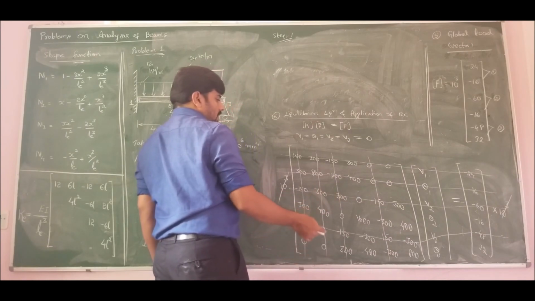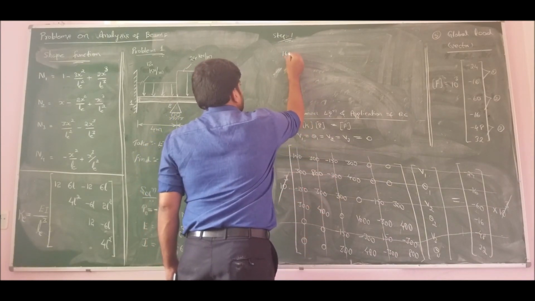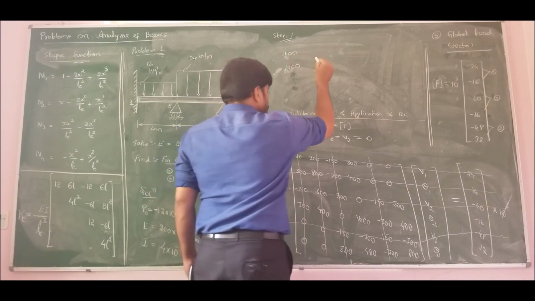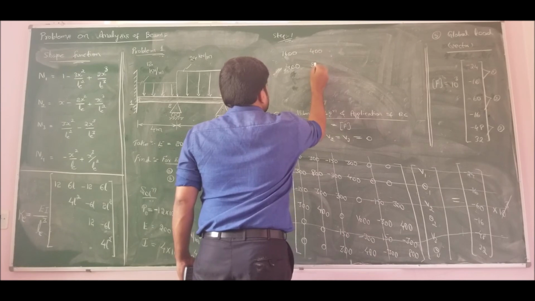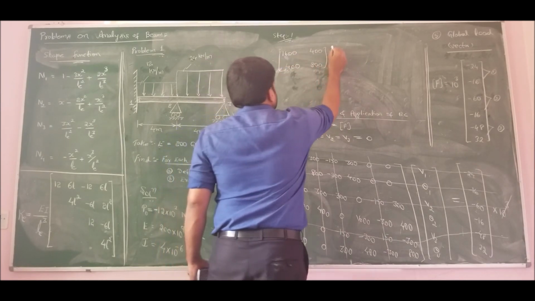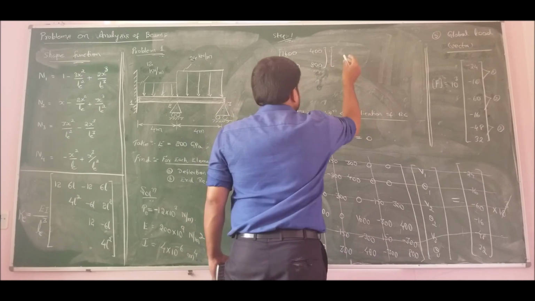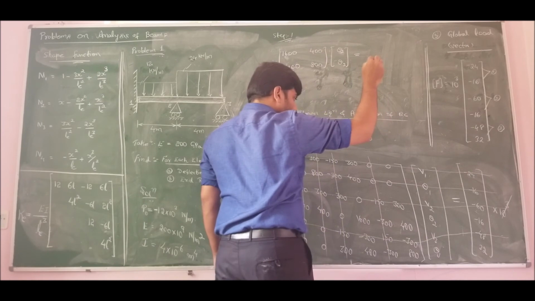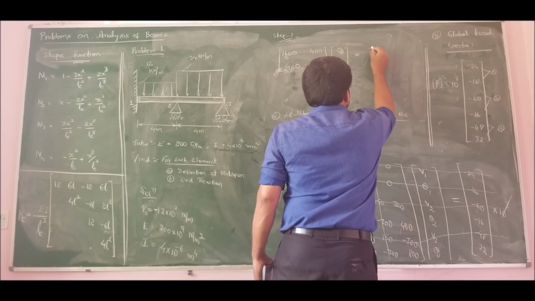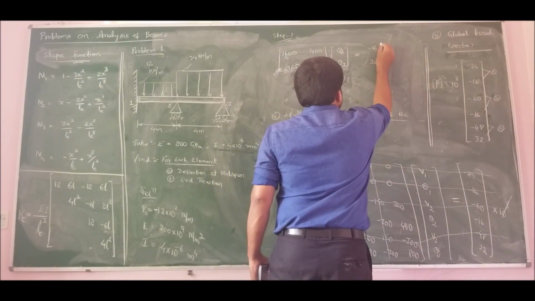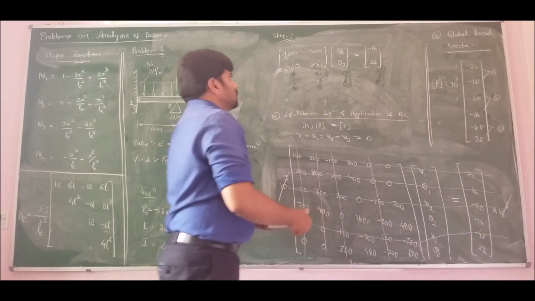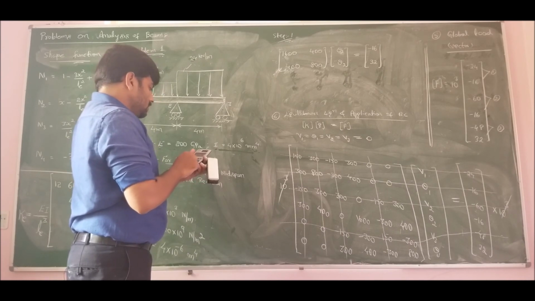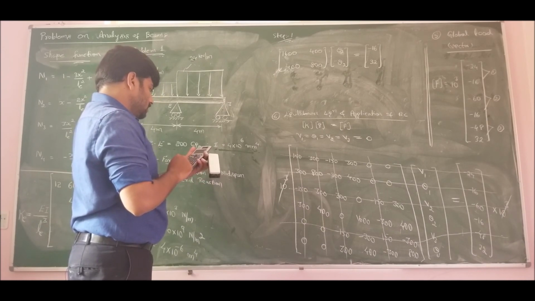Application of boundary condition, I have been left with 1600, 400, 400, 800 multiplied by theta 2 and theta 3, which is equal to minus 16 and plus 32. So solving this, we use two equations with two unknowns.